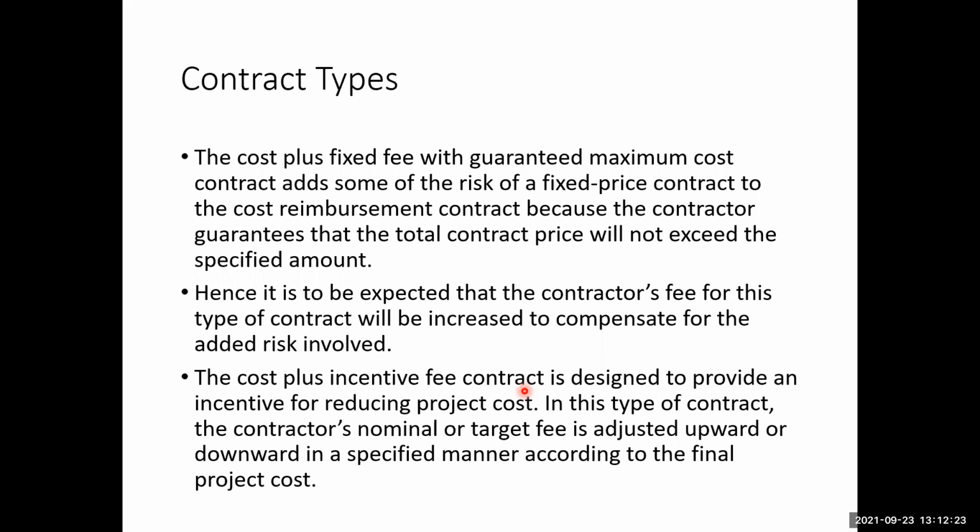In the fixed price contracts, the owner will normally pay a lump sum amount that will include both the cost and the fixed fee without any mention of how much is the cost and how much is the fee. This is the major difference between these two main types of contracts by the pricing.